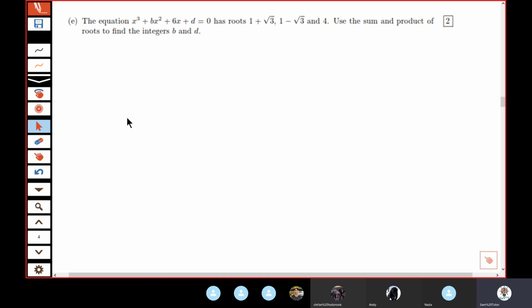I can already pretty much see the answer for b, and for d, I'm not that far off. Telling you, use the sum and product of the roots. You're still reading. That one's just quick. Alpha plus beta plus gamma: 1 plus root 3 plus 1 minus root 3 plus 4.